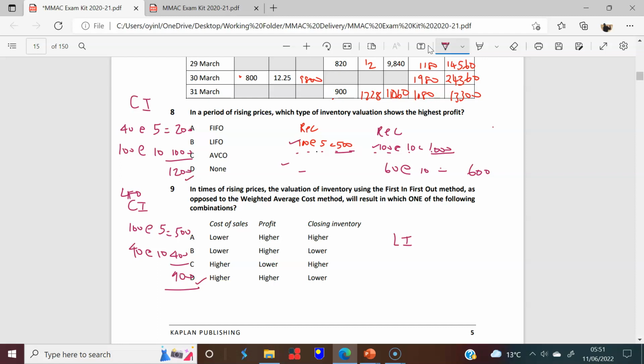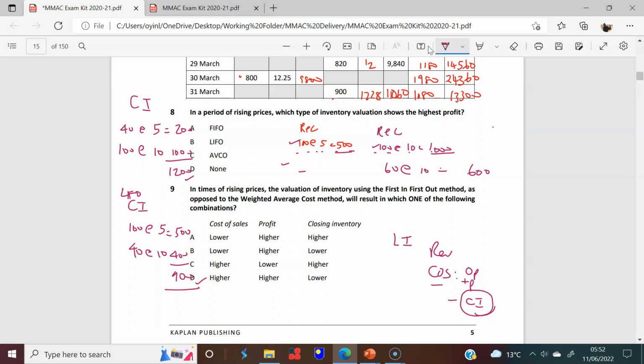But now here's the thing. You remember that profit is revenue minus cost of sales. Remember, cost of sales is opening inventory plus purchases minus closing inventory. So the higher the closing inventory, the lower the cost of sales, right?